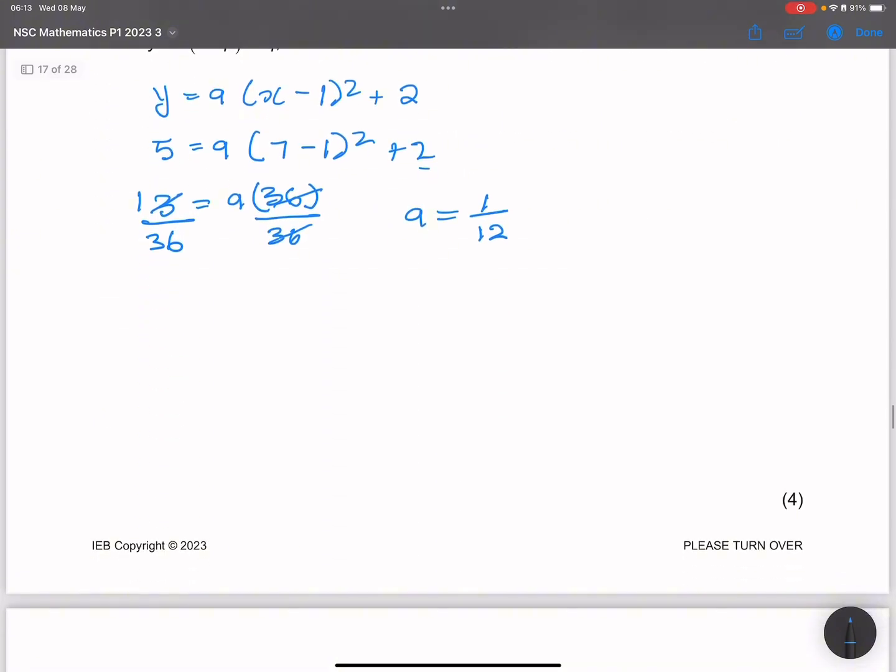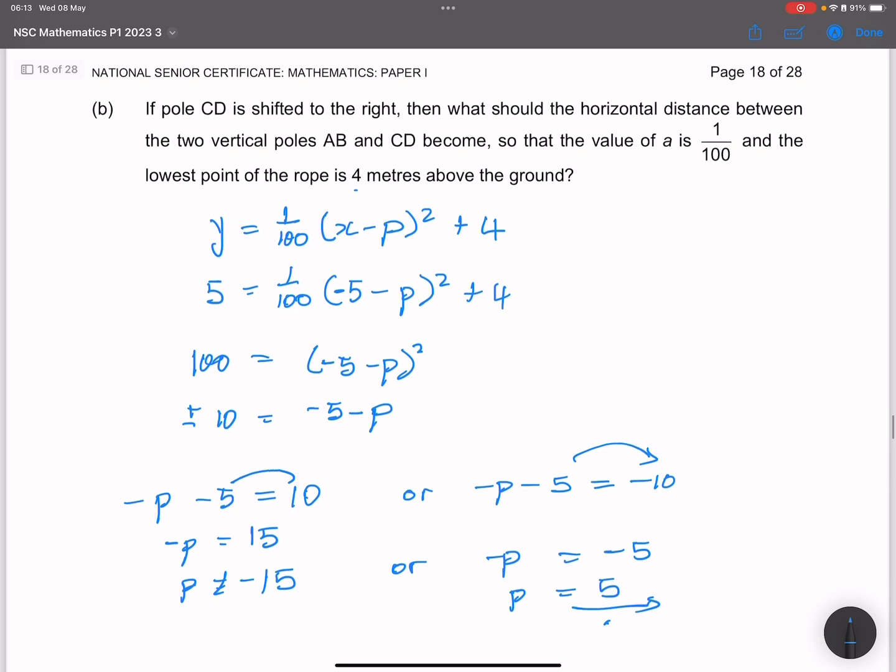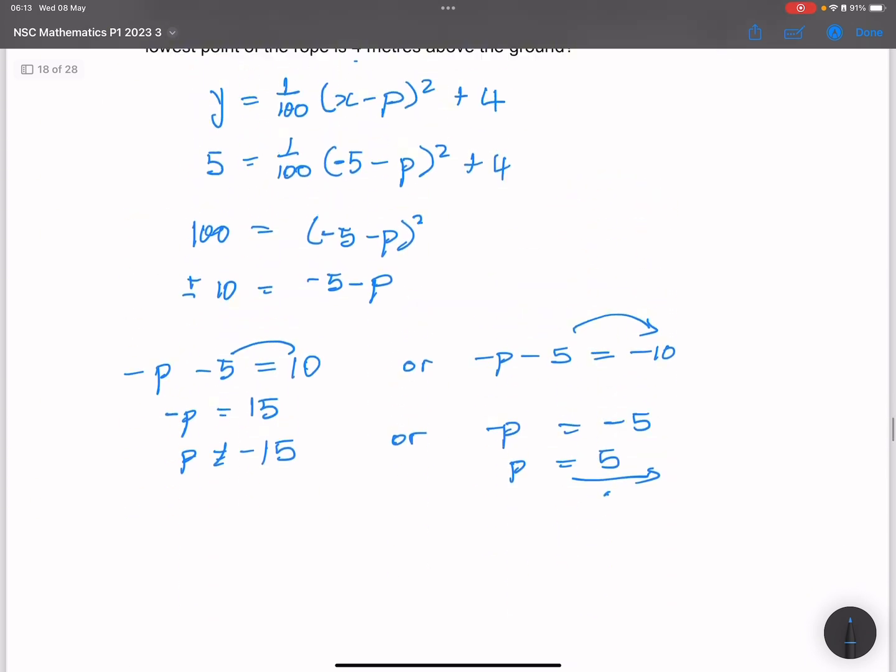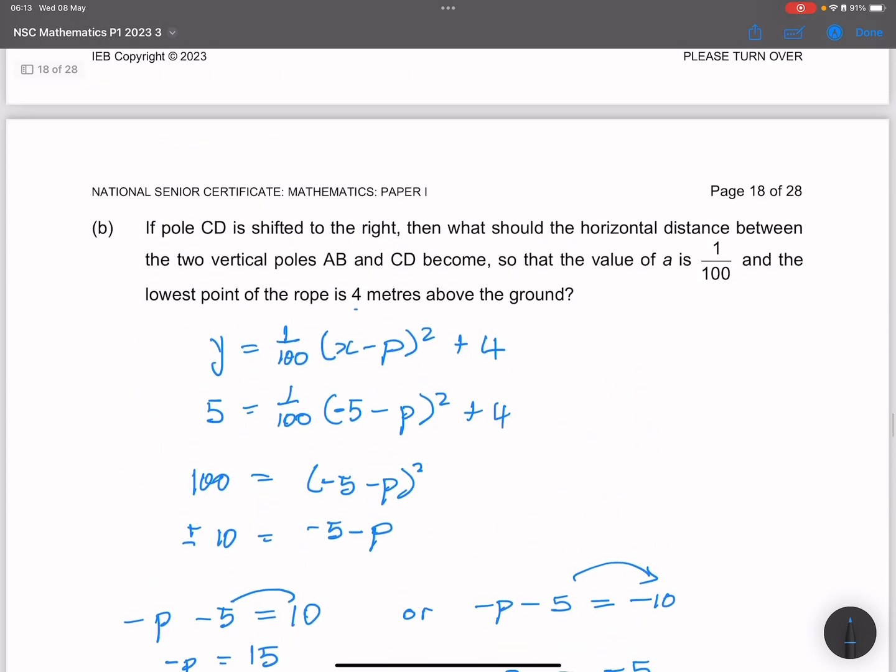So what was the question? The question was, if the pole is shifted to the right, and it should be shifted to the right, so that the lowest point is 4 above the ground, what should the horizontal distance between the two vertical poles be?